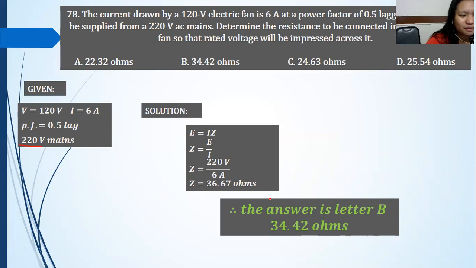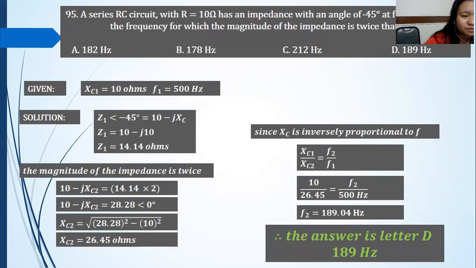Since there is no same value among the choices, I chose letter B, 34.42, since it is closer. So the answer is letter B, 34.42 ohms. Again, I'm not sure of my answers, but this is my solution.